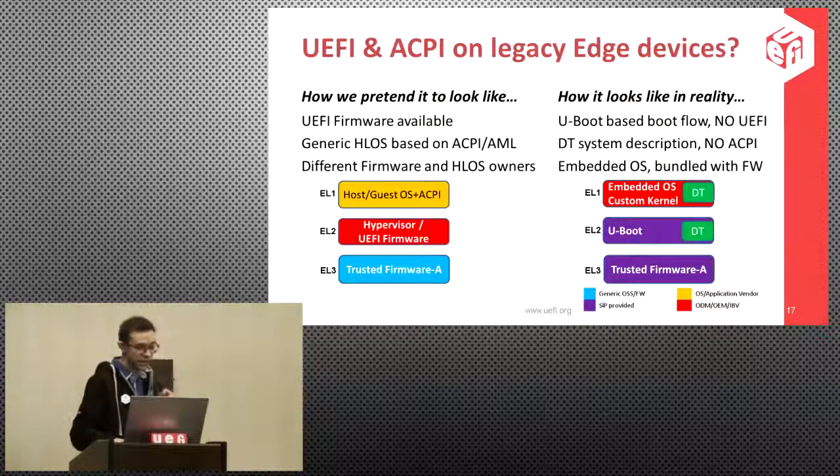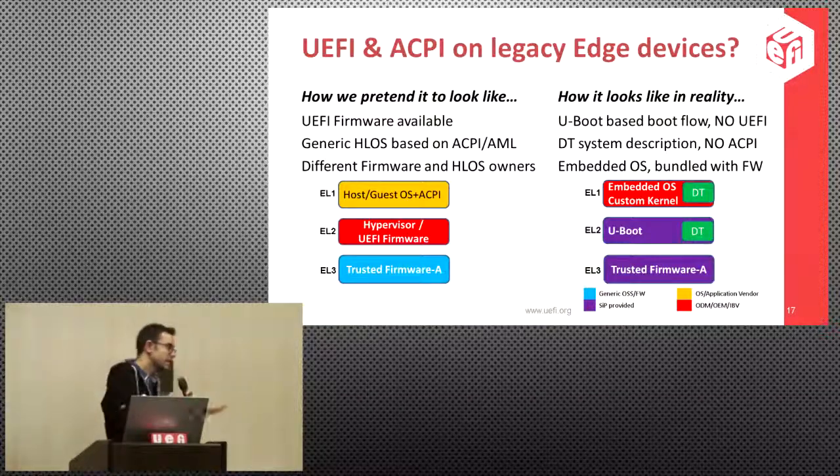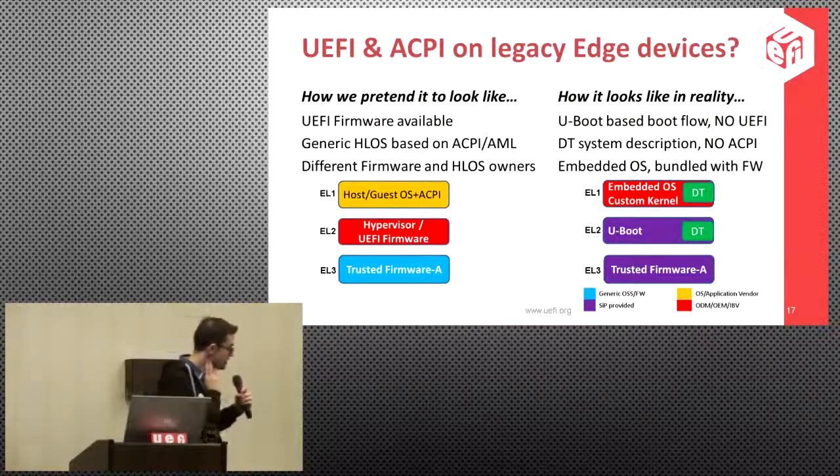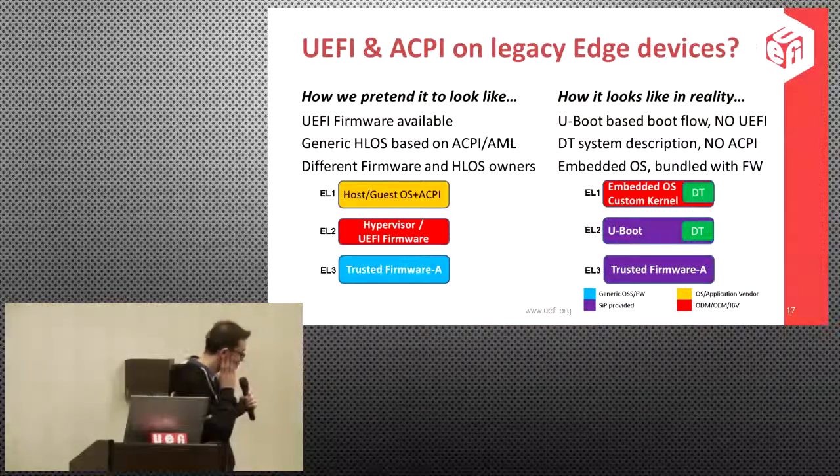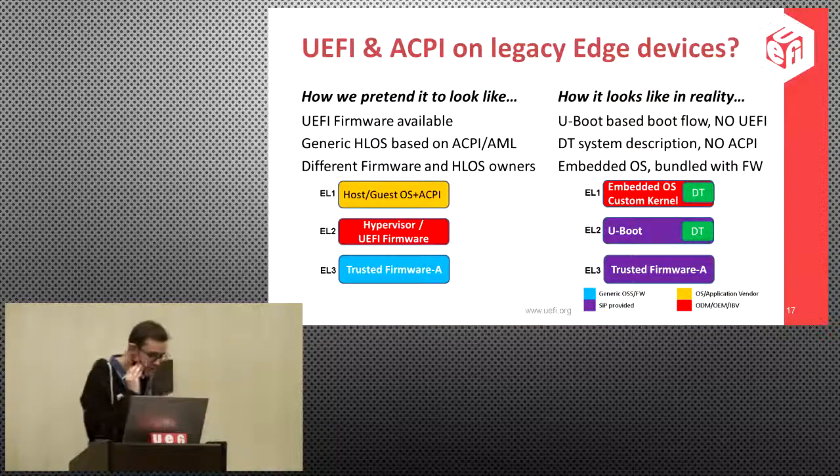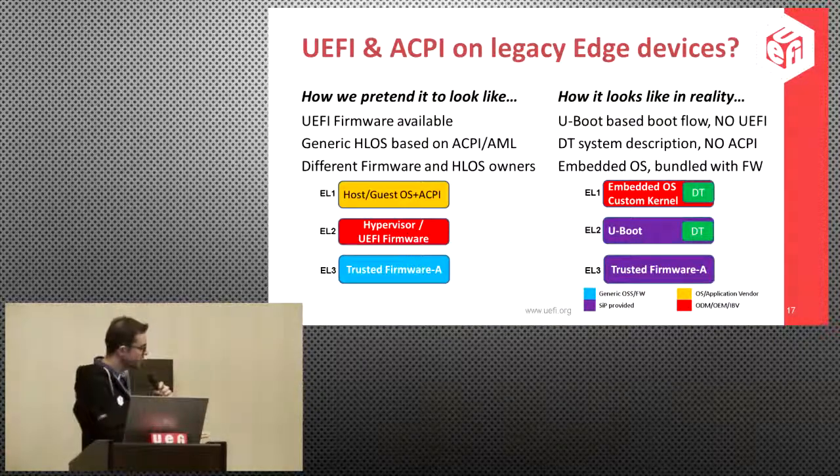The reality, especially on the legacy base of edge devices, looks like this, more or less. So the silicon provider traditionally owns the trusted firmware layer, and it also traditionally owns the U-boot bootloader that describes the system using device tree.